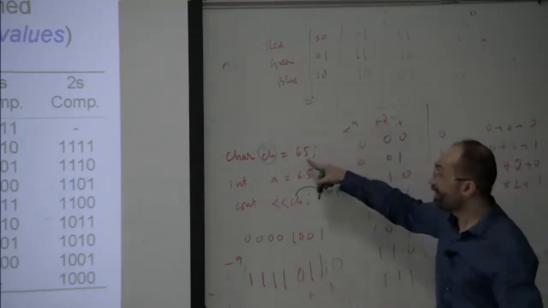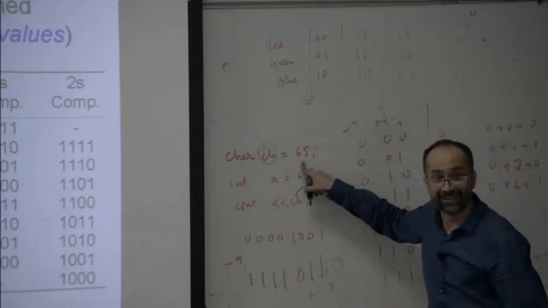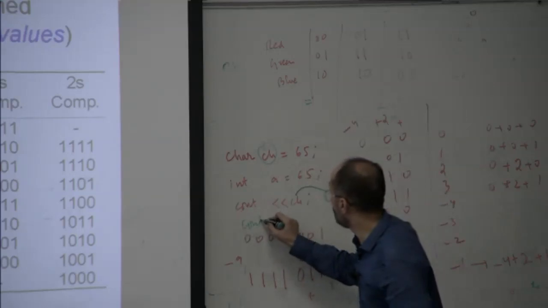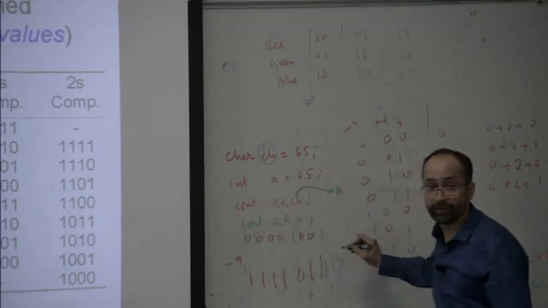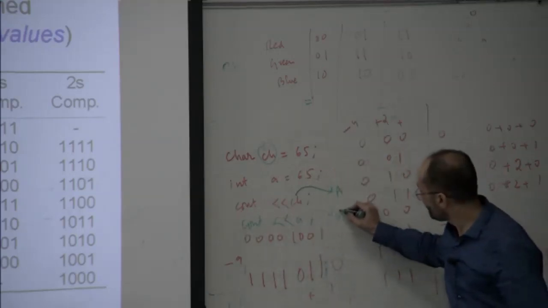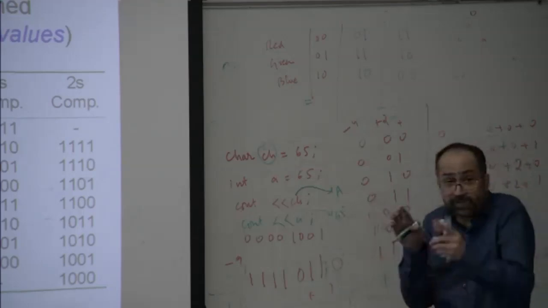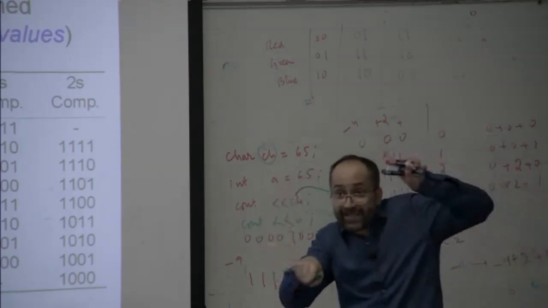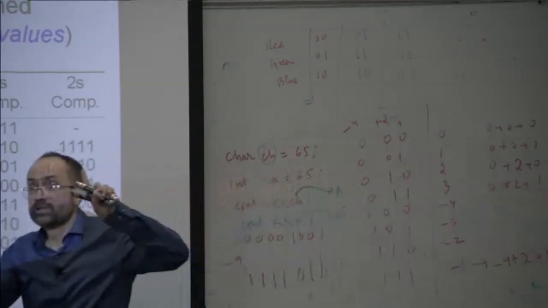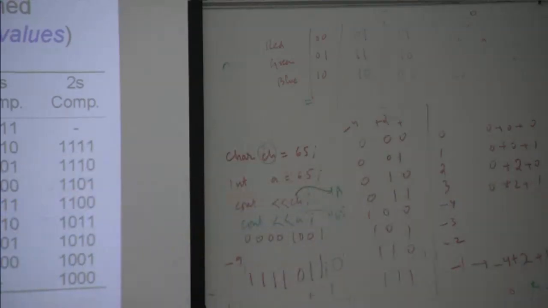Character. And what is the ASCII value? 65. And now if we say cout A, what will it display? 65. So now we have the same 65 code, but since the type of the data is different, we can have the same value but different representation.